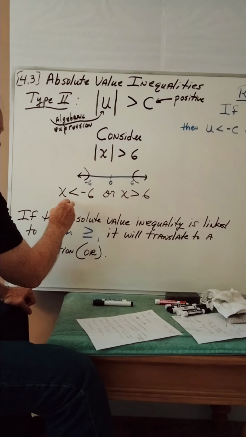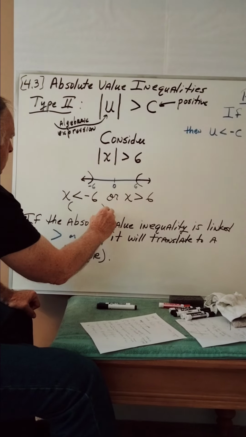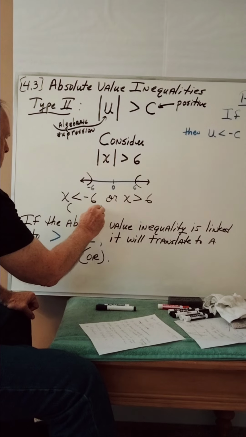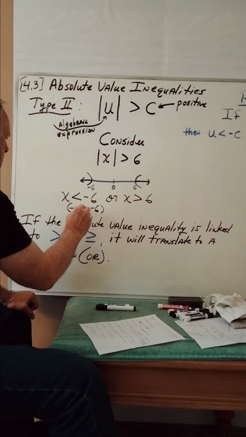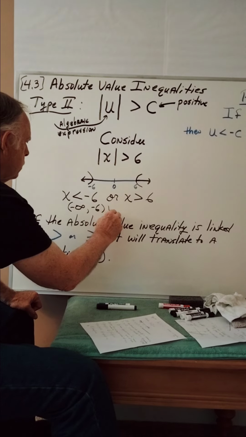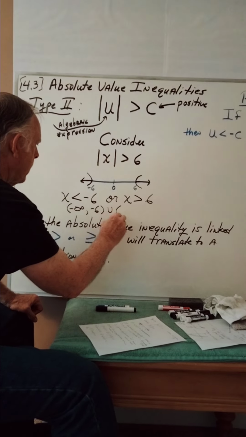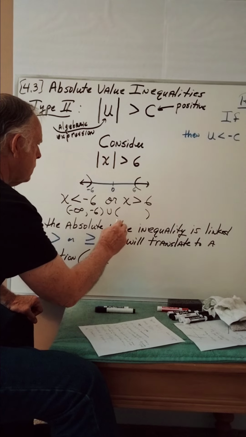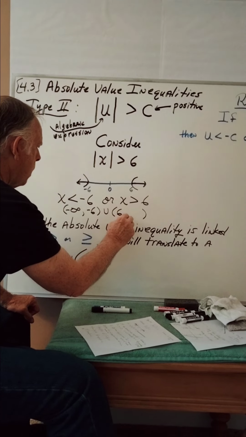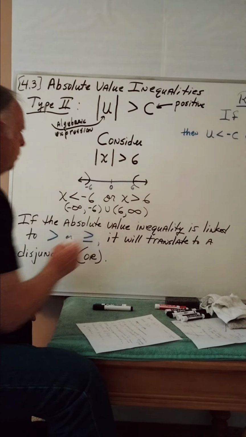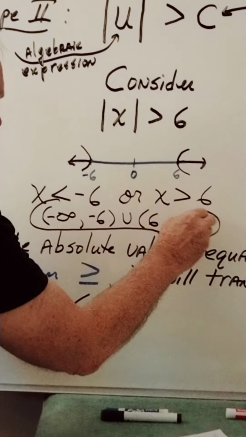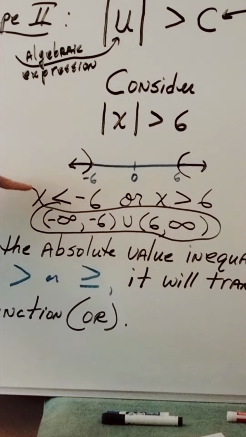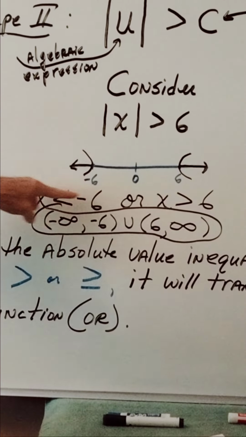In interval notation, you'd put dual parentheses, put the -6 for the highest, the lowest, -infinity, then the union symbol, and then a parenthesis, and another parenthesis, and 6 would be the smallest, and the positive infinity would be the largest. This would be the interval notation. This is more or less just the overall solution of it.